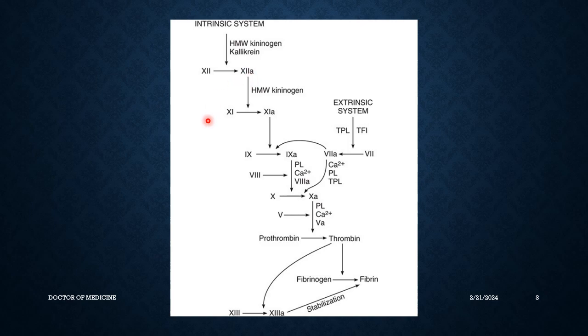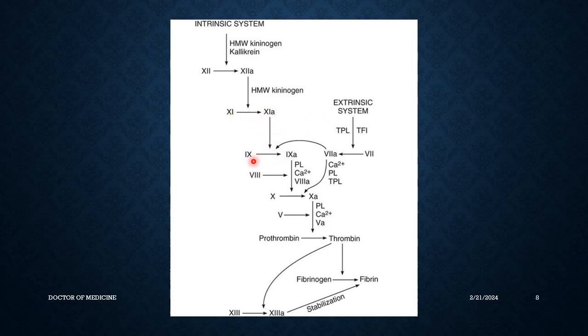This happens also in the presence of two important plasma proteins, that is kininogen and kallikrein. Okay, so kallikrein and kininogens are required. So there we go. Factor 12A will then activate the conversion of factor 11 into factor 11A. So we need our high molecular weight kininogen to convert factor 11 into its active form.